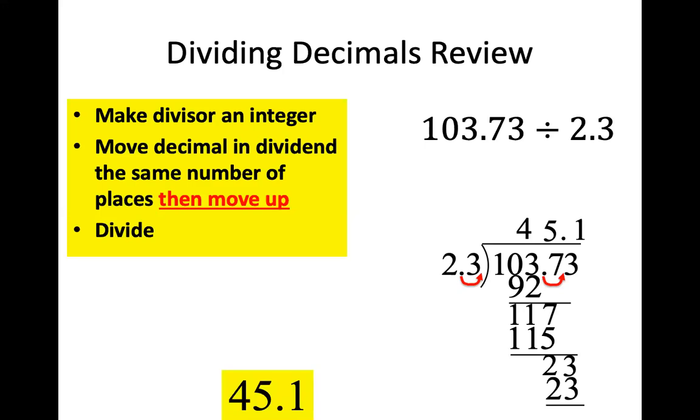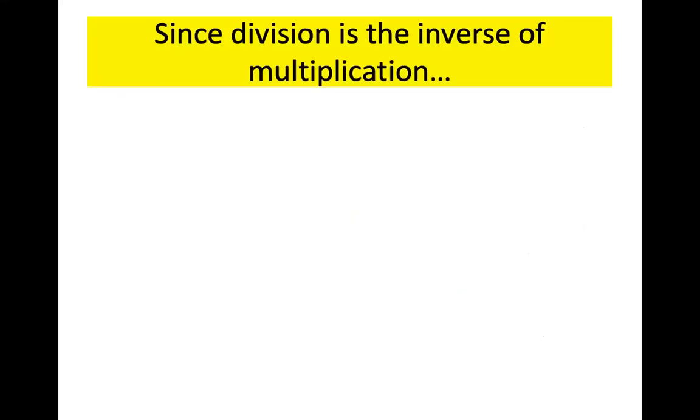All right, done. Okay, so division is the inverse of multiplication. So therefore, if division is just the inverse of multiplication, then it must have the same rules, and it does. What's a positive times a positive? Okay.